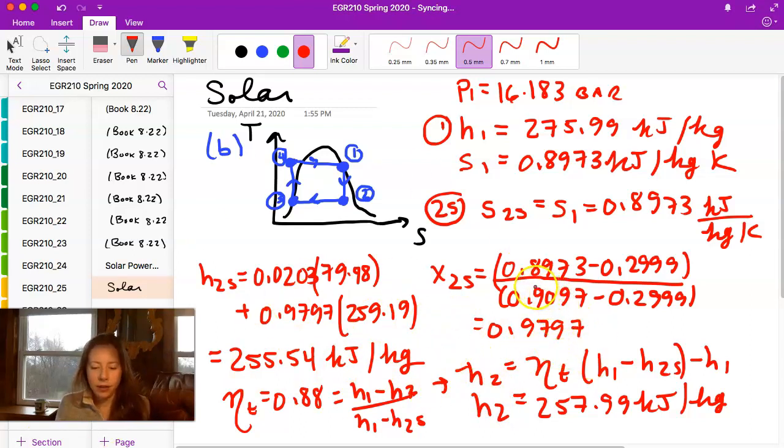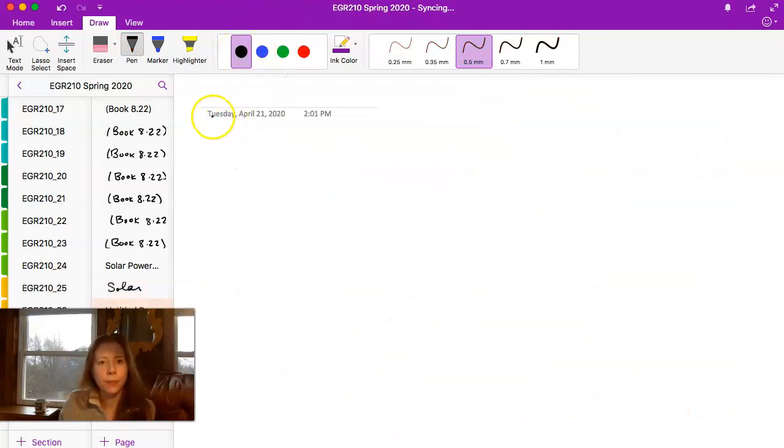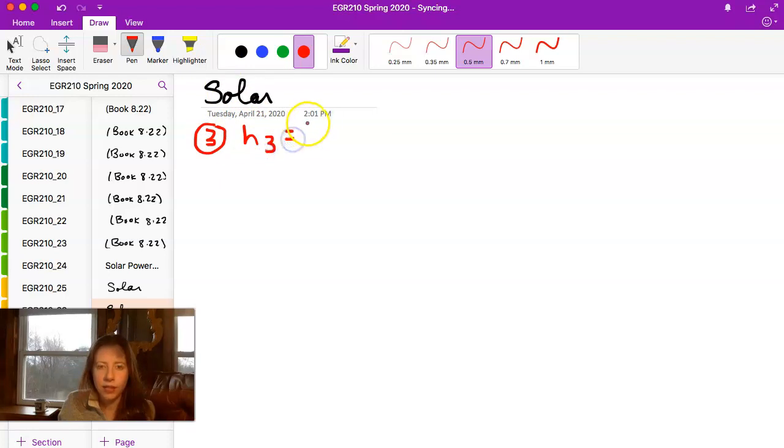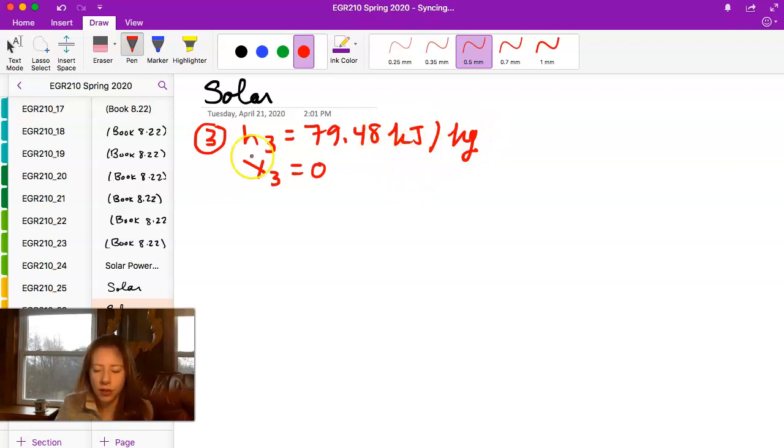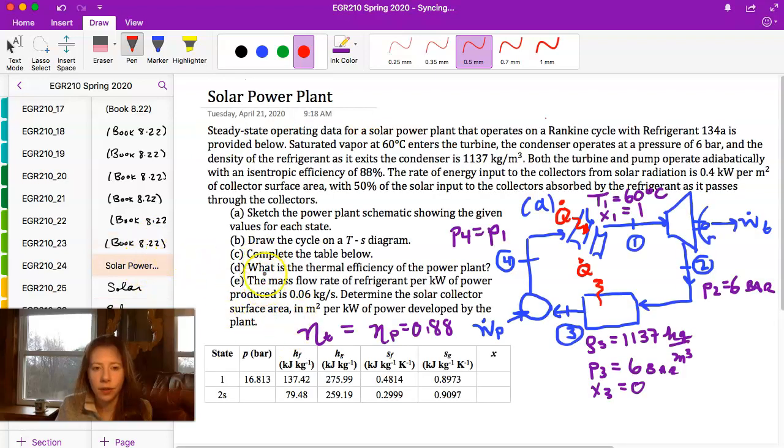Okay, and so let's move on then to state 3. So state 3, H3 is going to be 79.48 kilojoules per kilogram, and that's with the quality of 0. So just looking at pressure of 6 bar, you can look at that in our table here. State 2S is also at 6 bar.